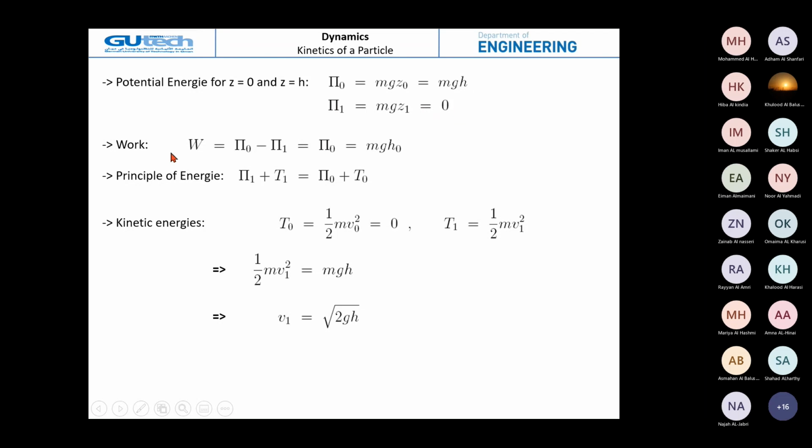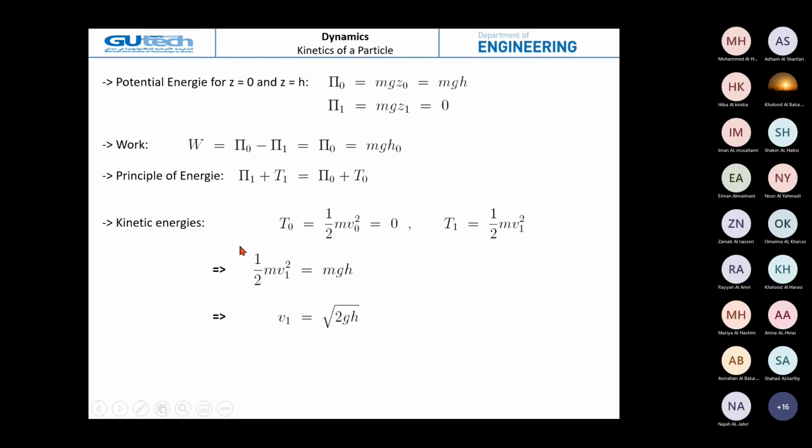In this case, the same principle, the principle of energy: potential plus kinetic at time T1 equals the potential plus kinetic at time T0. We have the kinetic energy at time T0, released from rest, so V0 will be equal to 0 and V1 is unknown. But at a certain time when the mass reaches the ground, it will reach it with a certain velocity V1.